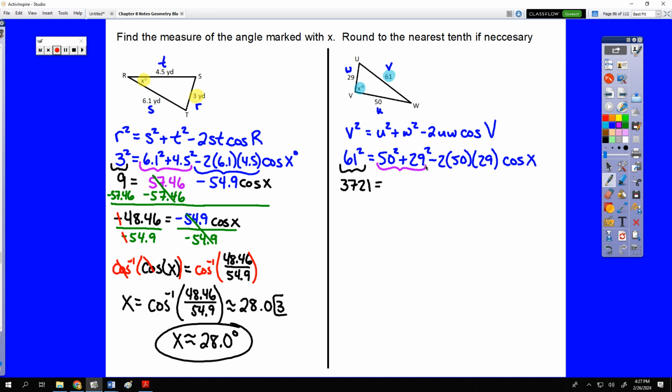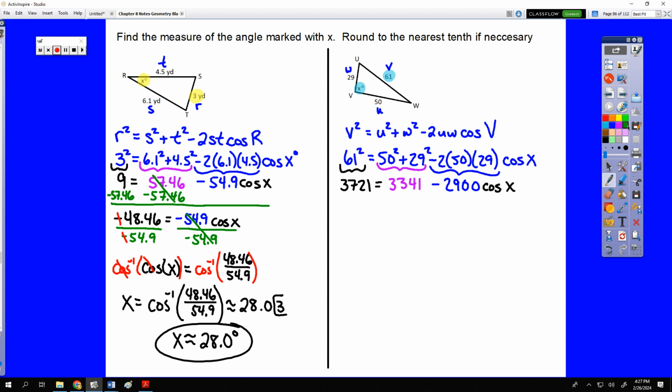50 squared plus 29 squared is 3,341, and negative 2 times 50 times 29 is negative 2,900 times the cosine of x.